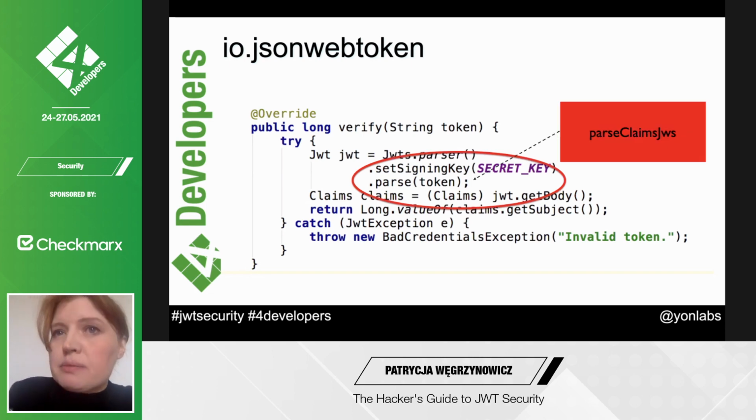We've used the parse method, which only decodes the token and does not verify the signature. So instead of parse, we should use parseClaimsJws. I must admit that the naming in this library, io.jsonwebtoken, is not very intuitive.